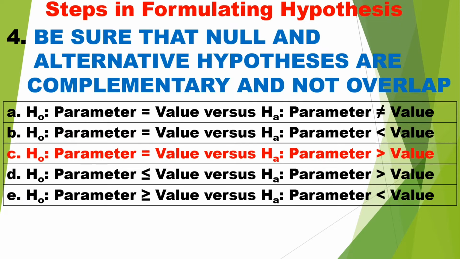Letter C, H sub O, the parameter equals value versus H sub A, the parameter is greater than value. Letter D, H sub O, the parameter is less than or equal to value versus H sub A, the parameter is greater than value. And letter E, H sub O, the parameter is greater than or equal to value versus H sub A, the parameter is less than value.